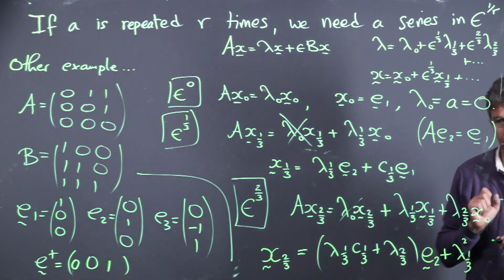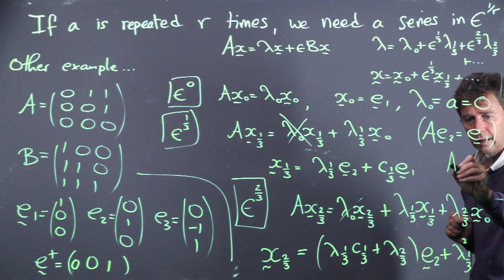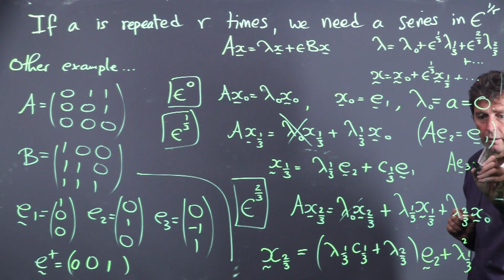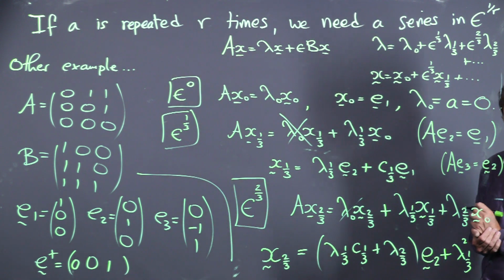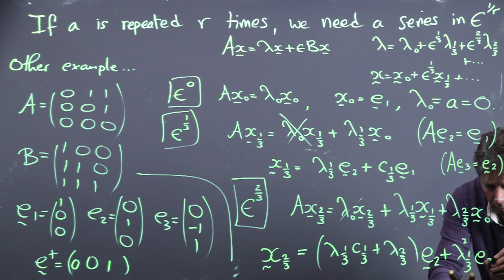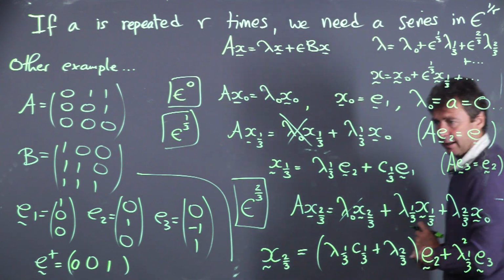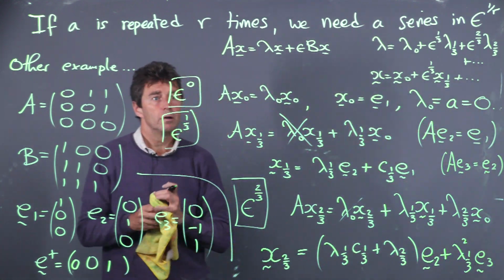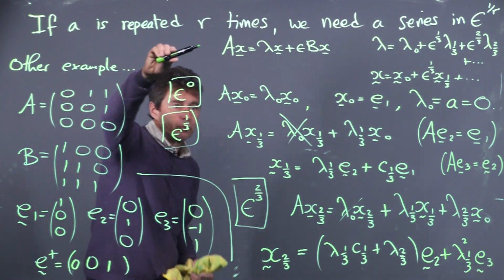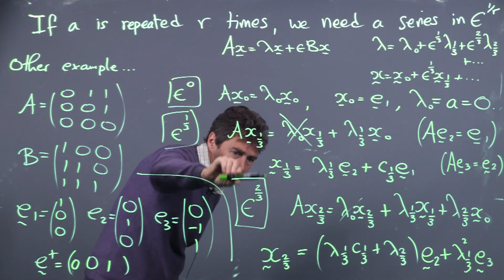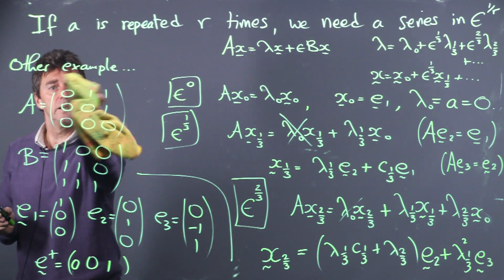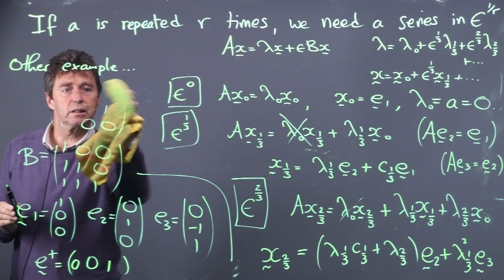And there's an E2 in there, but I remind you that A E3 is equal to E2. That's the other generalized eigenvector equation. So I can just simply put an E3 there to get the solution for x 2/3. So I've calculated x 1/3, x 2/3. There's not been any need for a solvability condition at this stage.